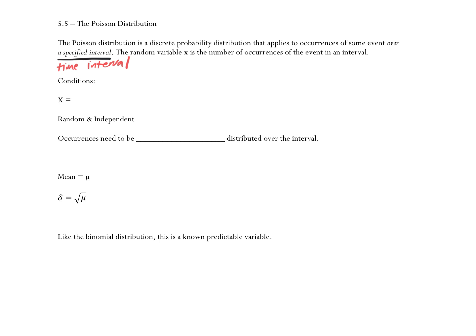If I have the number of occurrences something happens, can you get 7.2 occurrences on any given day? No, it's still this idea of this thing happens or it doesn't. So X is the variable, the unknown, the number of times something occurs.